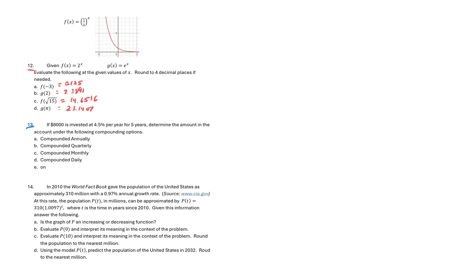13. If an $8,000 investment is invested at 4.5% per year for 5 years, determine the amount in the account under the following compounding options. So if it's compounded annually, we'll use A is equal to P times 1 plus r over n to the nt. In this case, we're still trying to solve for the amount. 8,000 is our principal.